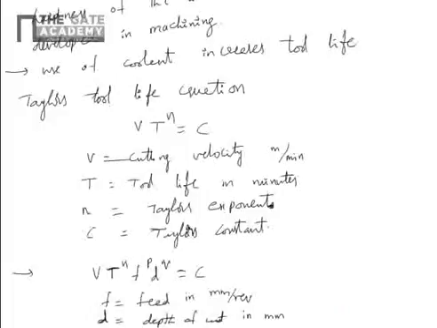Regarding the impact of the three parameters on tool life, velocity has the most impact, then feed, and then depth of cut.